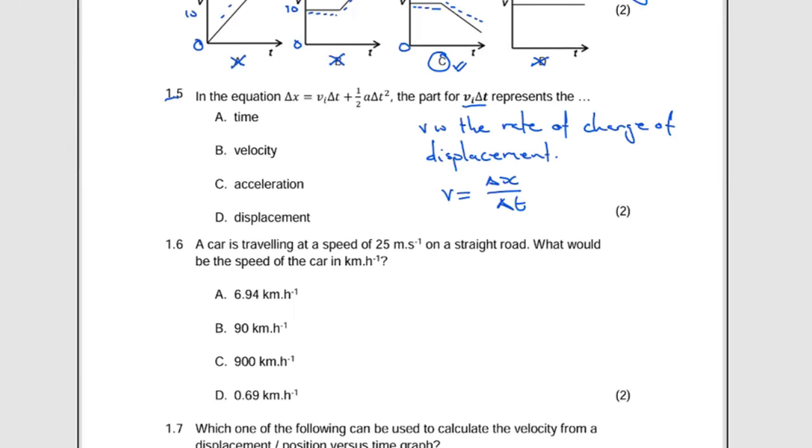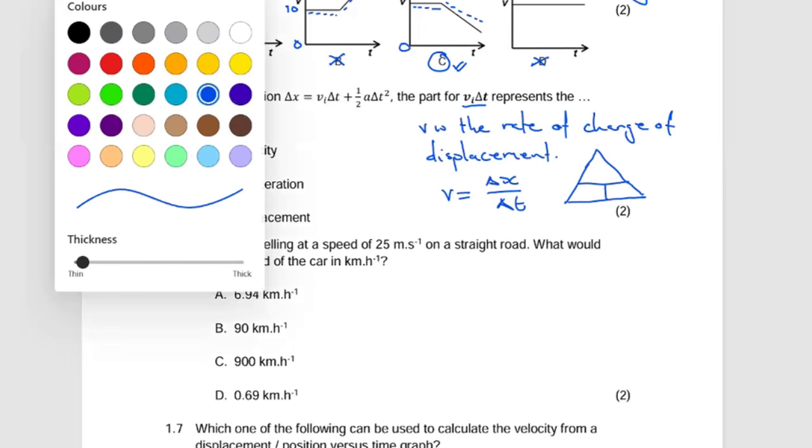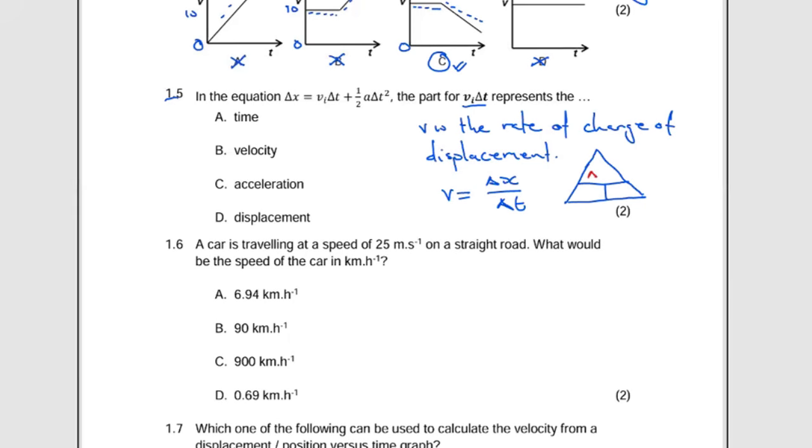delta t. So back to this triangle that we usually use, if I can draw it like that, allow me to change color so that we can represent these values. At the top we're going to have my delta x, which is my displacement, then my velocity as well as my delta t. Here, what we are given is vi delta t.